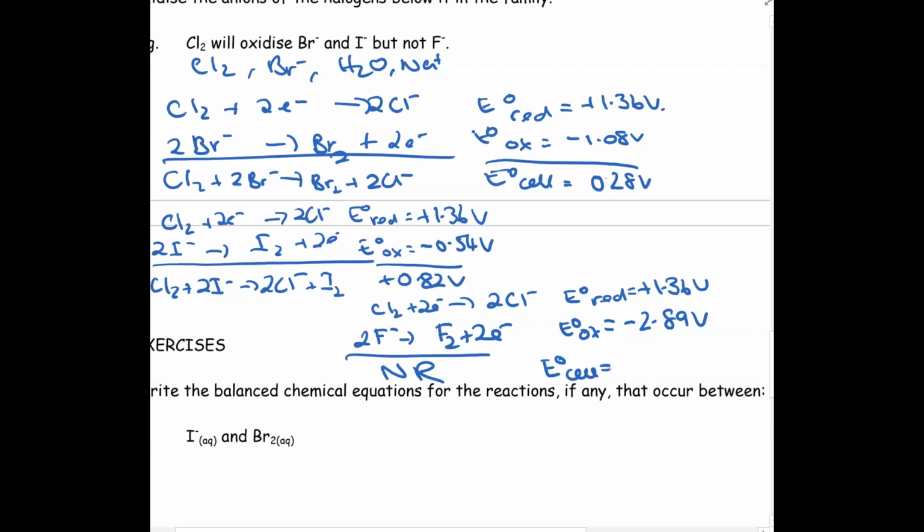So add the two numbers, 1.36, add negative 2.89, and you'll notice it comes out to negative 1.53 volts, and you would have noticed your right hand finger was above your left hand finger, so it is finished.